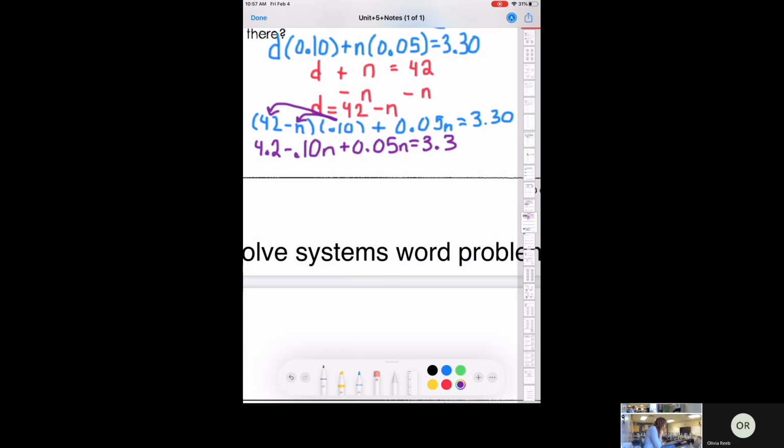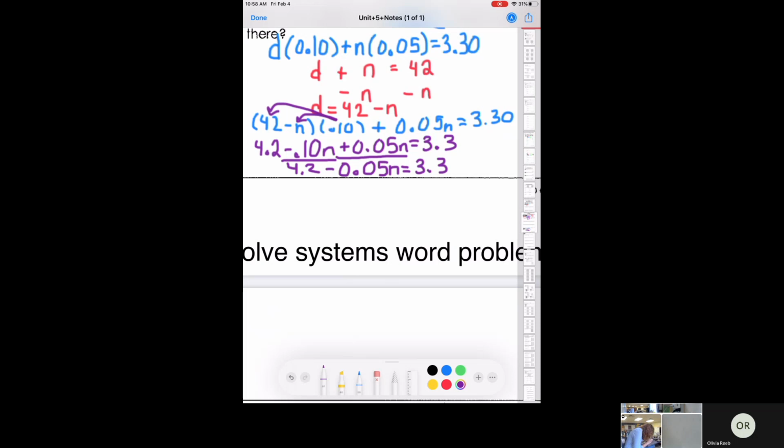That's okay. My next step is to combine like terms. When I combine like terms, I keep the signs that are there. So negative 0.10 N plus 0.05 N is negative 0.05 N. And I carry down the rest, 4.2 equals 3.3.